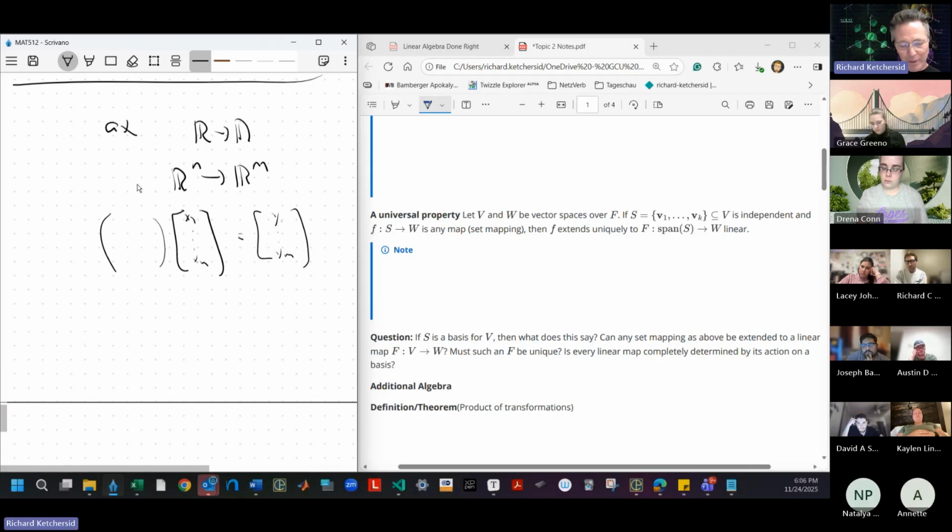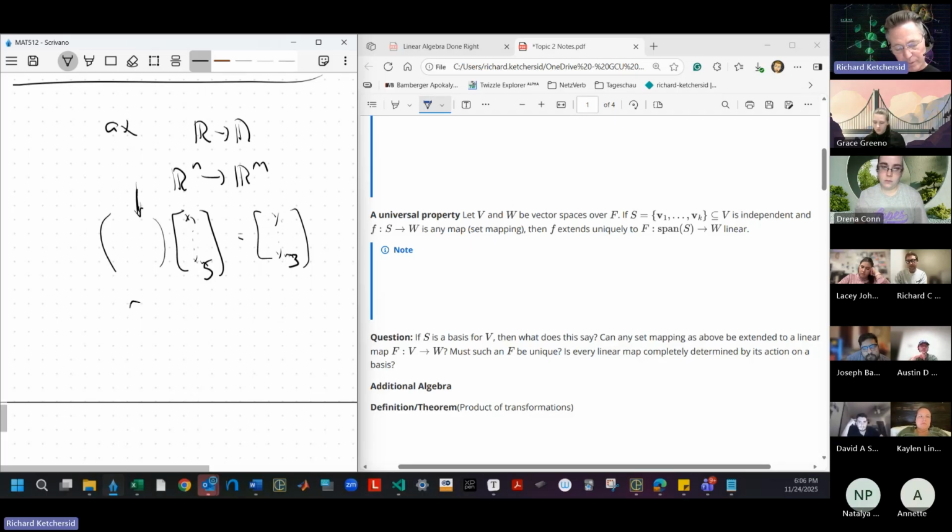What do I multiply on this side by to get something over there? A scalar? Not a scalar, since m and n may be different. This may be 5 and 3, for example. A matrix, right?